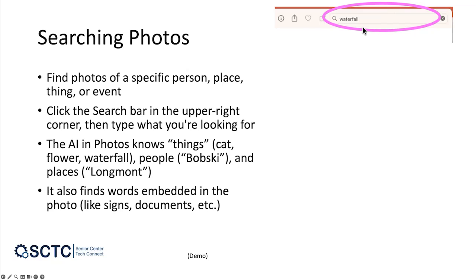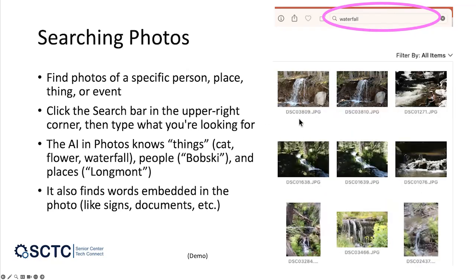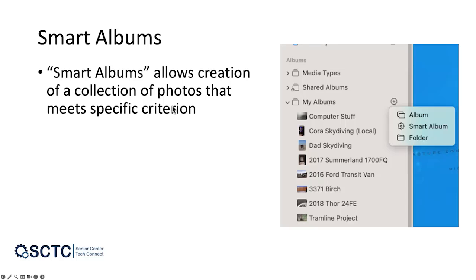So in this case, I put in waterfall, for example, and it came up with all the photos that have waterfalls in the photos. If I put, let's say, Bobski waterfall, then it will find photos that have me in them and a waterfall, which is pretty cool. And we can demonstrate that too.